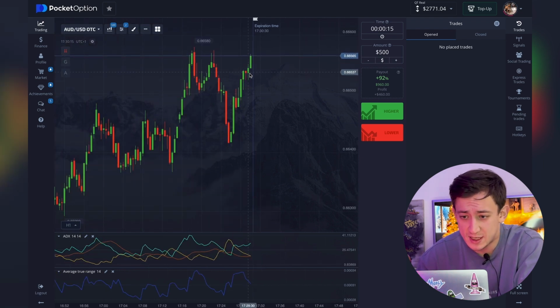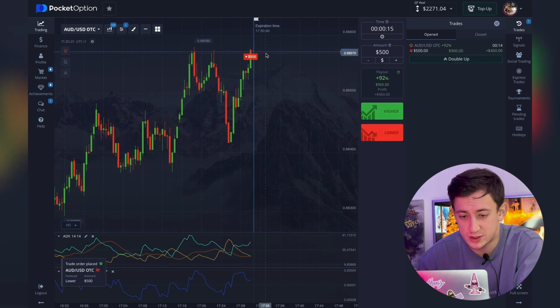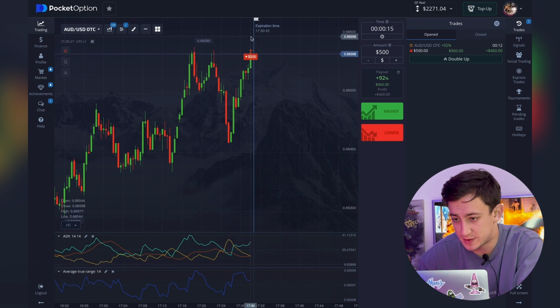And again, Australian dollar US dollar currency pair. And so the movement is very crazy, guys. I just go a downward trend and expect a profit.